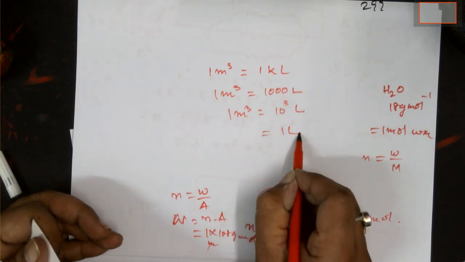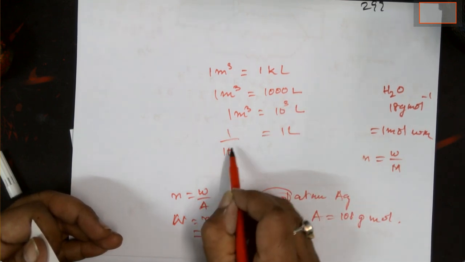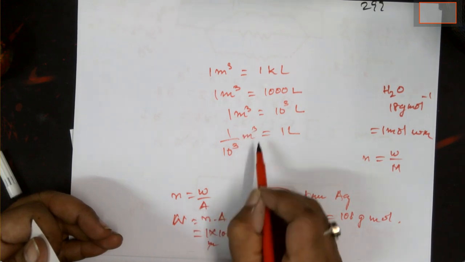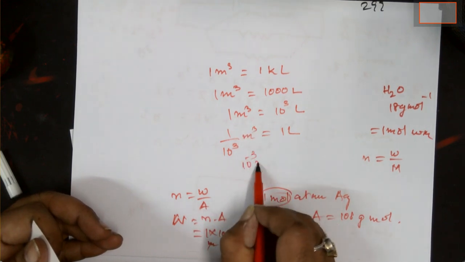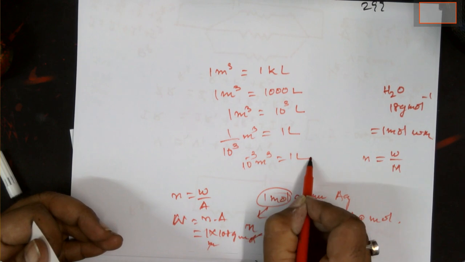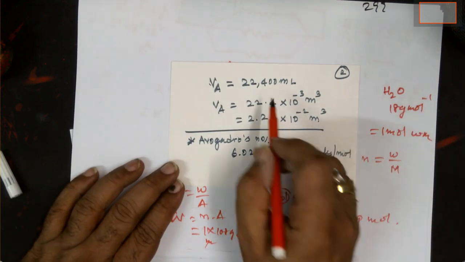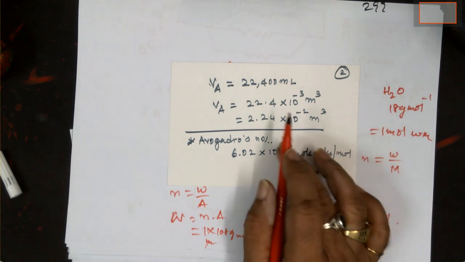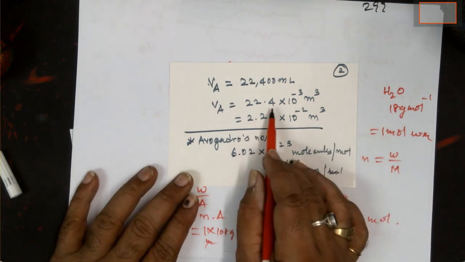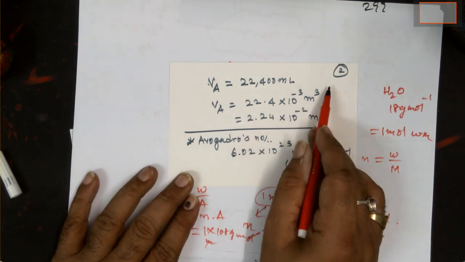Therefore 1 liter is equal to 10 power minus 3 cubic meter. So 22.4 liter is 22.4 into 10 power minus 3 cubic meter.